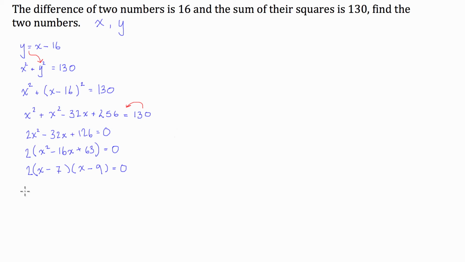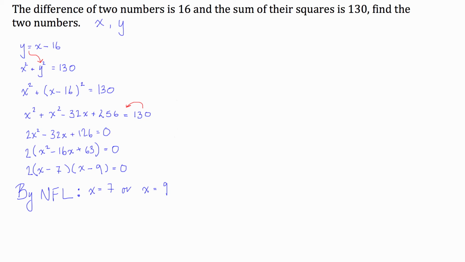So by the null factor law, x could have two different solutions. x could be equal to 7, or x could be equal to 9.